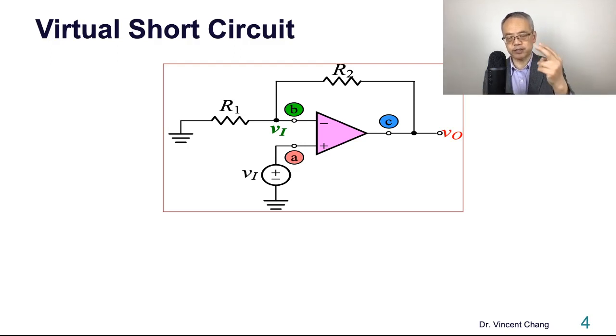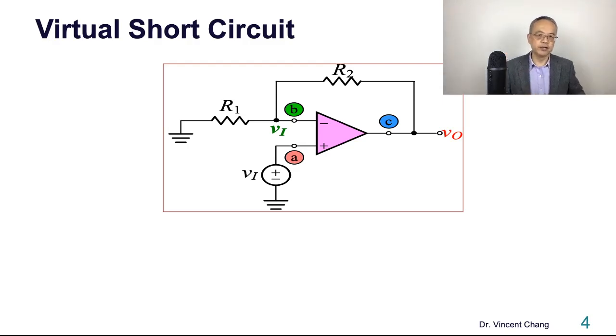Remember the two criteria when the virtual short circuit is true. What are the two criteria? Number one, it's the negative feedback, in the closed loop configuration. And number two, it's in the ideal case. All right? So the first criterion is that the op-amp is connected in negative feedback, the closed loop configuration.